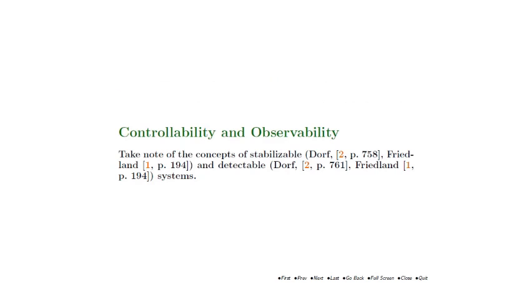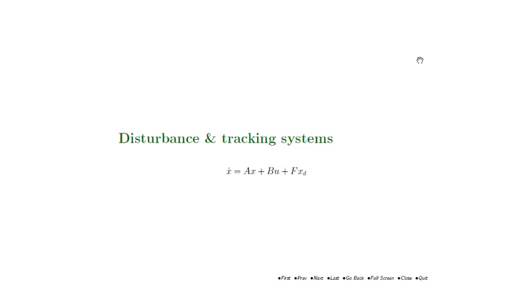Okay, so let's carry on with the next topic in chapter 5 of Friedland, and that is the topic of disturbance and tracking systems. Now, I think right in the beginning when Friedland introduced the state differential equations, he mentioned the possibility that you may have disturbances.